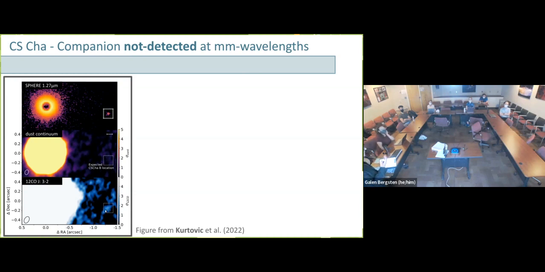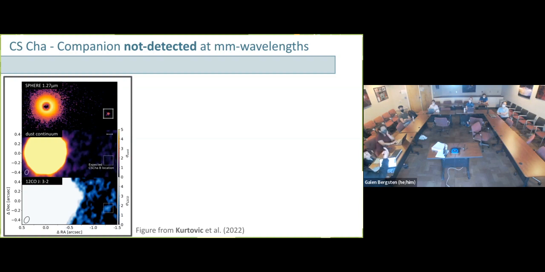What could be happening here, and again, this is hypothetical. We already know that this object over here is an M dwarf that is really shadowy. One of the explanations could be that you have CS Cha in front of the Chamaeleon star forming region, and then you have this M star on the other side of Chamaeleon.